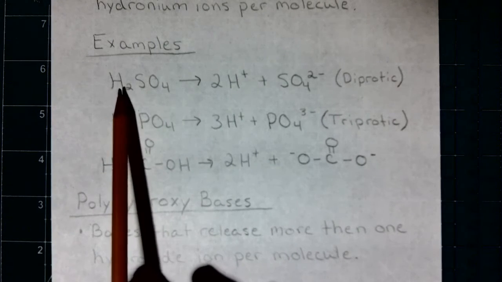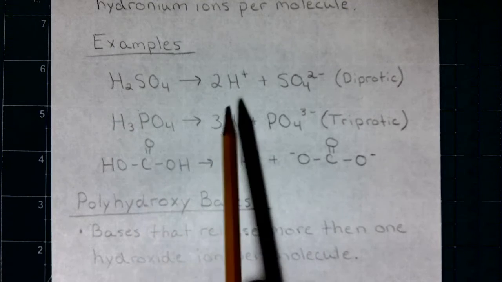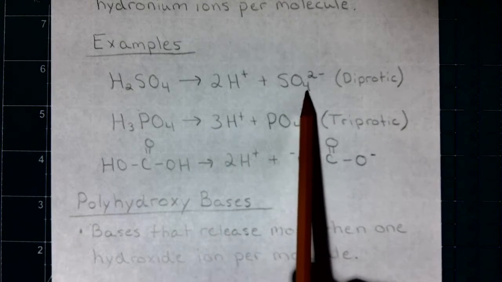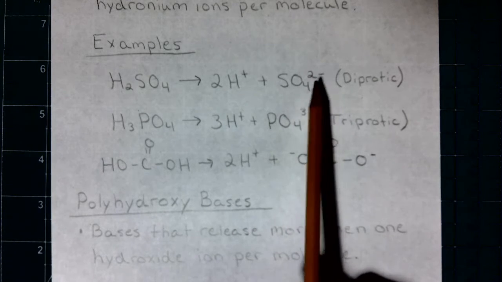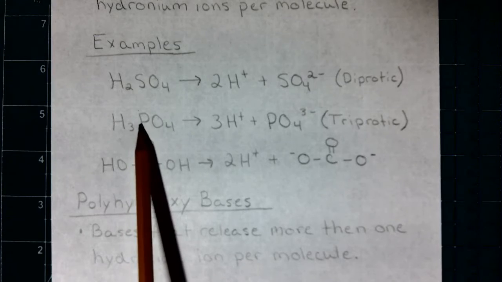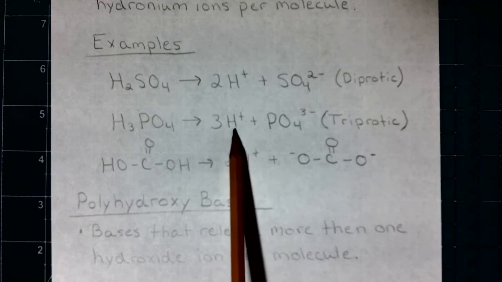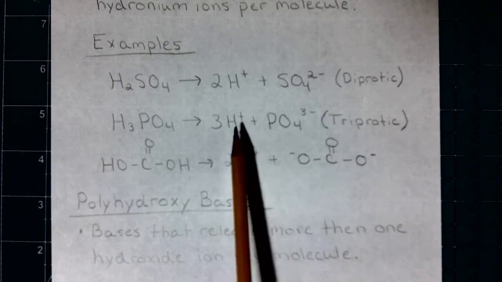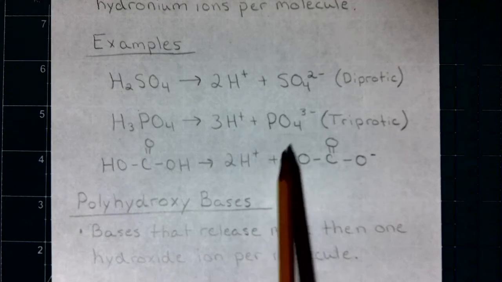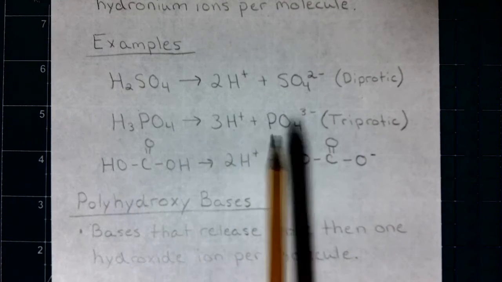This has 2 protons that it can give up, and then its counterbalancing anion is going to be a sulfate with a 2- charge. This is phosphoric acid. It's going to release 3 protons, and its counterbalancing anion is going to be phosphate.